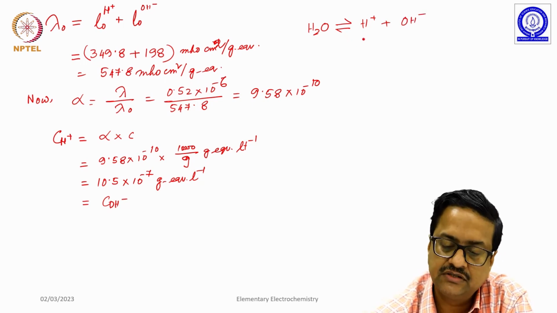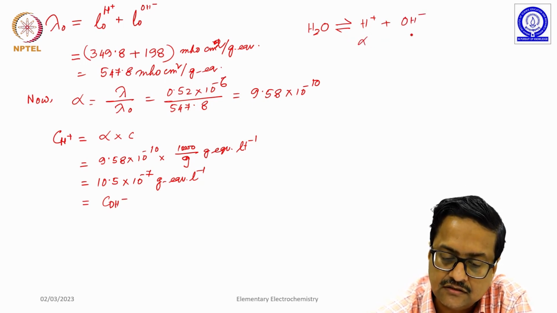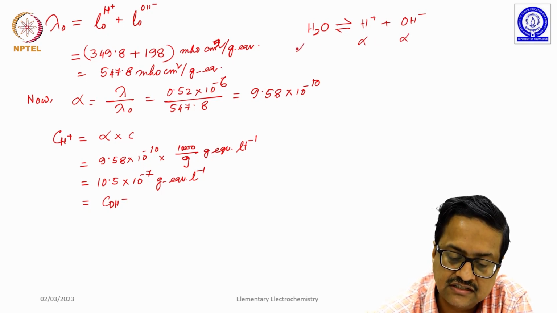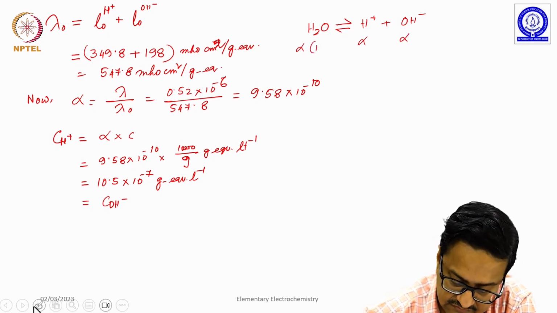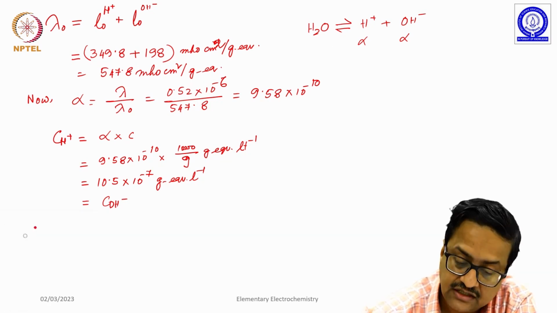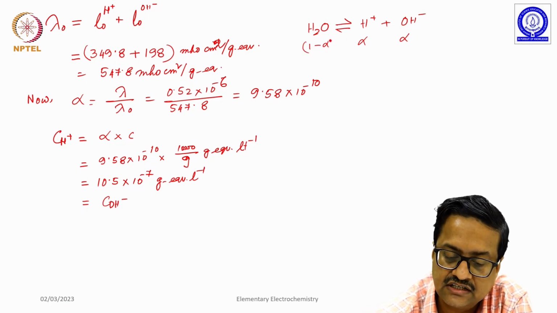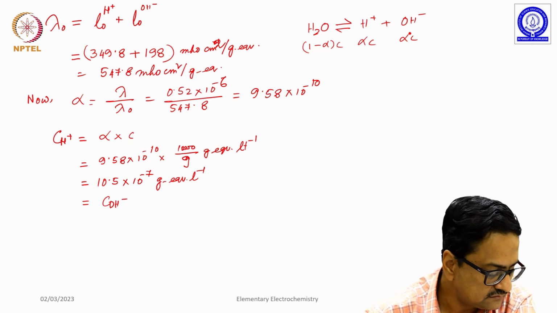So, if the degree of dissociation is alpha, in terms of concentration it is 1 minus alpha, alpha and alpha. So, in terms of concentration it is multiplied by C, right.